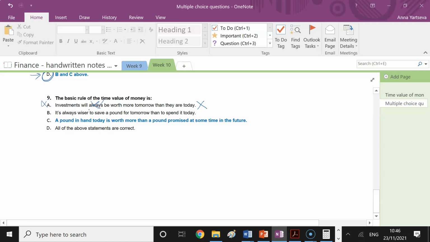It's always wiser to save £1 for tomorrow than to spend it today. Again, not always. You might be wise to save something for the future. You need to make retirement plans now because no one will care for you. Don't even hope that the government will pay you sufficient income to last in retirement. This is not enough to live on. The current pension is about £700 per month. Just think about this.